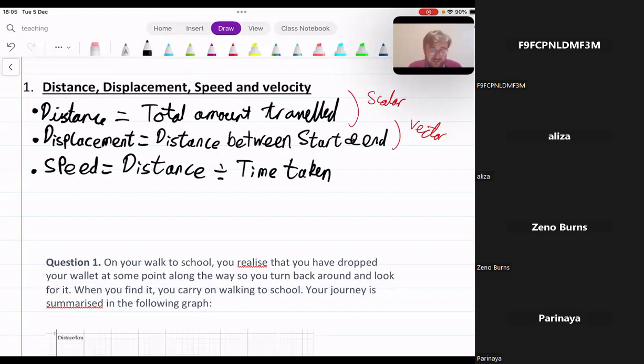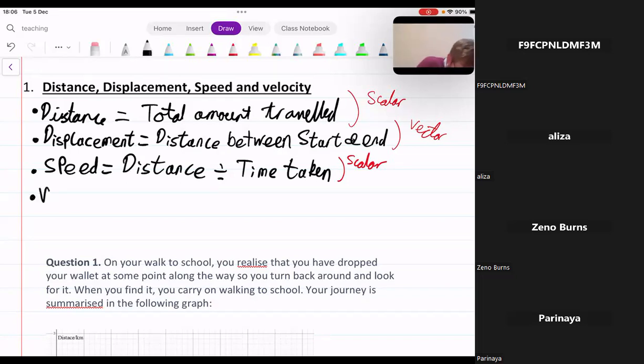Because distance doesn't have a direction, nor does speed. So this is, once again, a scalar. Like the speedometer of a car, that just tells you how fast you're going. It doesn't tell you any particular direction. So the speedometer in a car tells you speed.